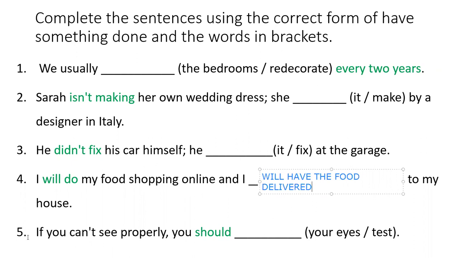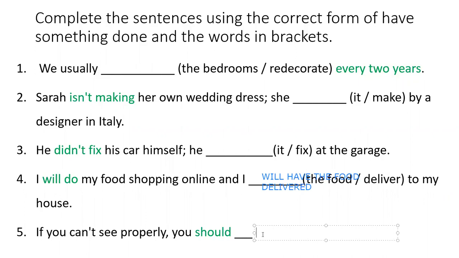How about the last sentence? If you can't see properly, you should your eyes test. Of course, you don't test your own eyes. You go to someone and ask them to test your eyes. So you should. And what do we use after should? We use the base form. The base form of have is have. You should have your eyes tested.